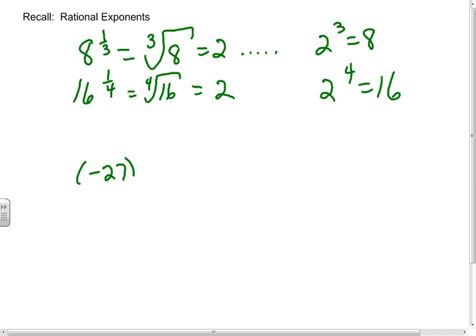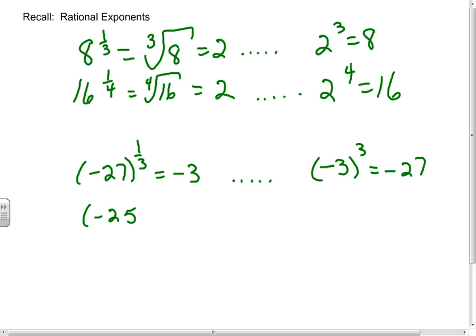Minus 27 to the 1/3, which is the cube root of negative 27, is equal to negative 3, because negative 3 cubed is minus 27. Minus 25 to the 1/2 has no solution, because there is nothing squared that would give me negative 25.